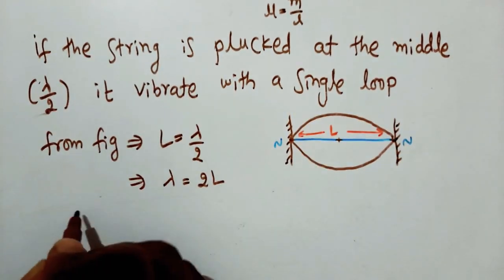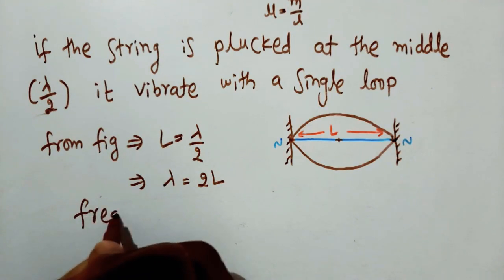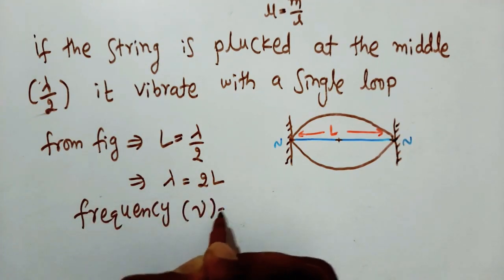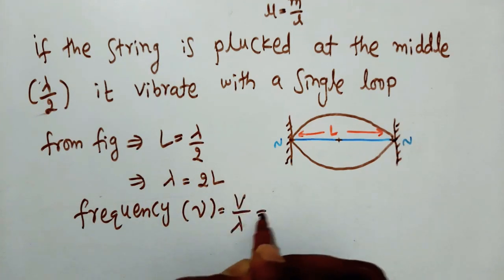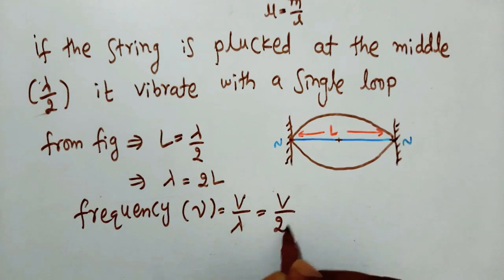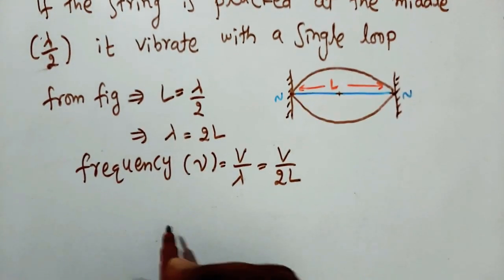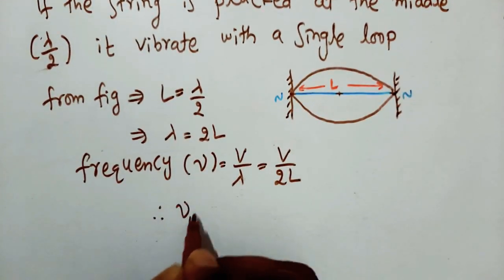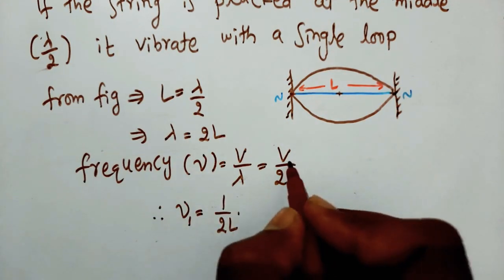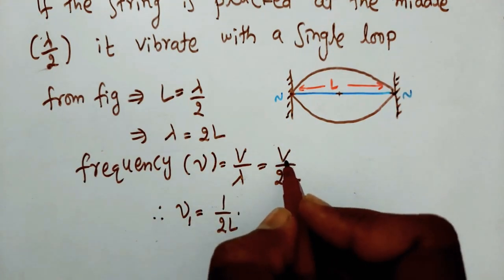We know frequency nu is equal to V by lambda, where lambda is equal to 2L. Therefore nu1 is equal to 1 by 2L into V. Here V is the velocity of wave.